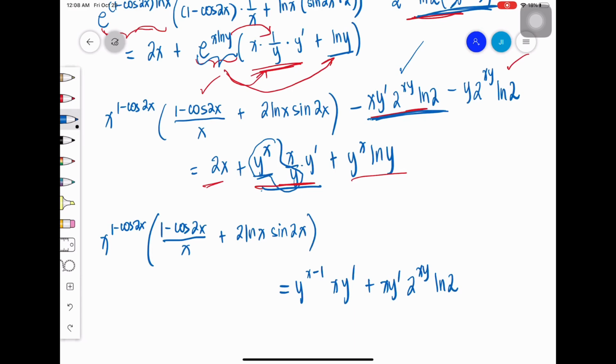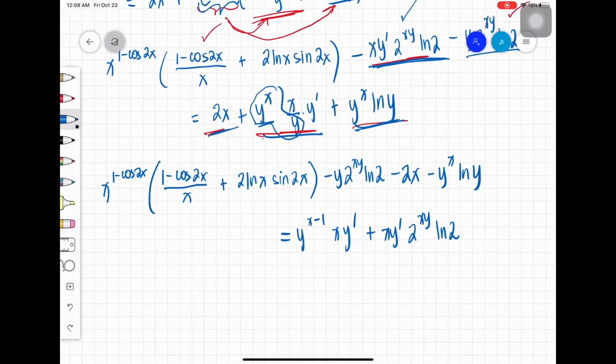Okay? Then ito. So minus y 2 raised to xy ln 2. Then lipat natin si 2x, that becomes minus 2x. Lipat natin to sa kabila, that becomes minus y raised to x ln of y. Okay? We're almost done. Tama?